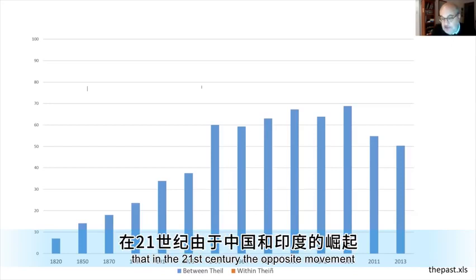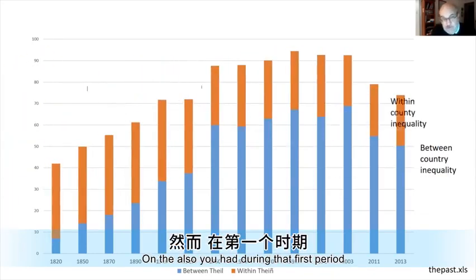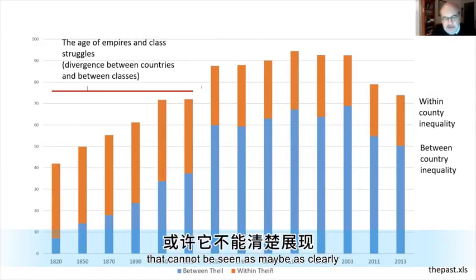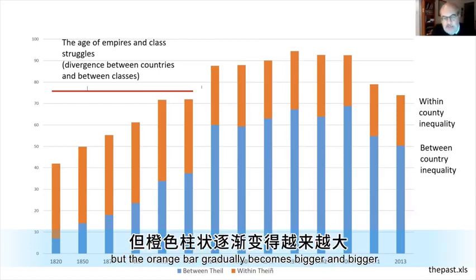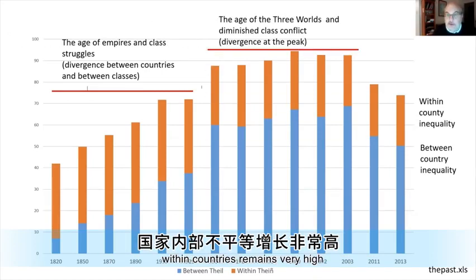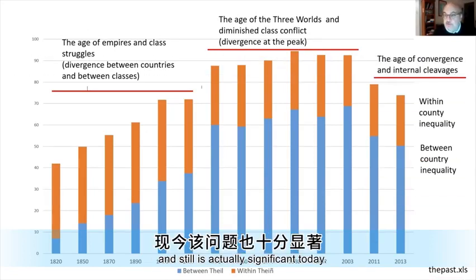And then you notice that in the 21st century, the opposite movement, a reduced gap because of the rise of China and India. Also, during that first period you had an increased inequality within countries. Now that cannot be seen as clearly, but the orange bar gradually becomes bigger and bigger, indicating rising inequalities within countries. And then rising inequality within countries remains very high, at a very high peak in the 20th century, and still is actually significant today.